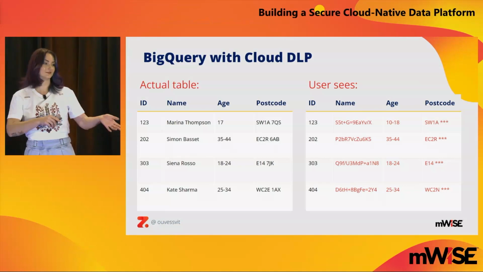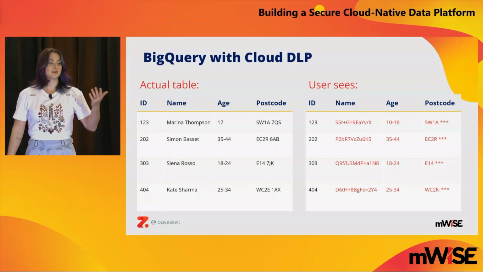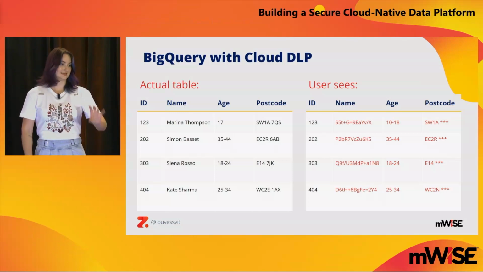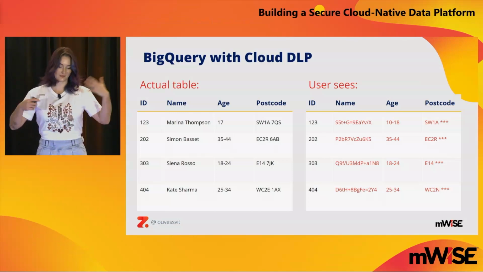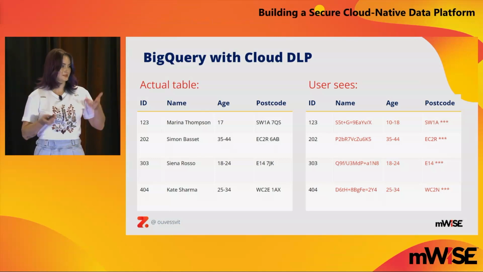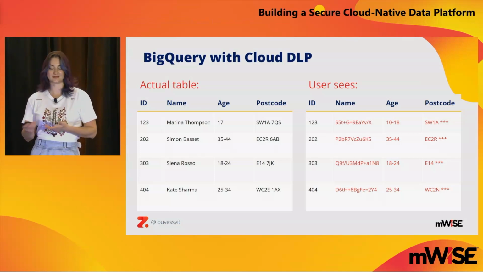You just store your raw data in a data set, and you give people access with Cloud DLP masking the data that you want to mask, or like redacting or encrypting it, and so on. Things like column level access also helps, field level access also helps.